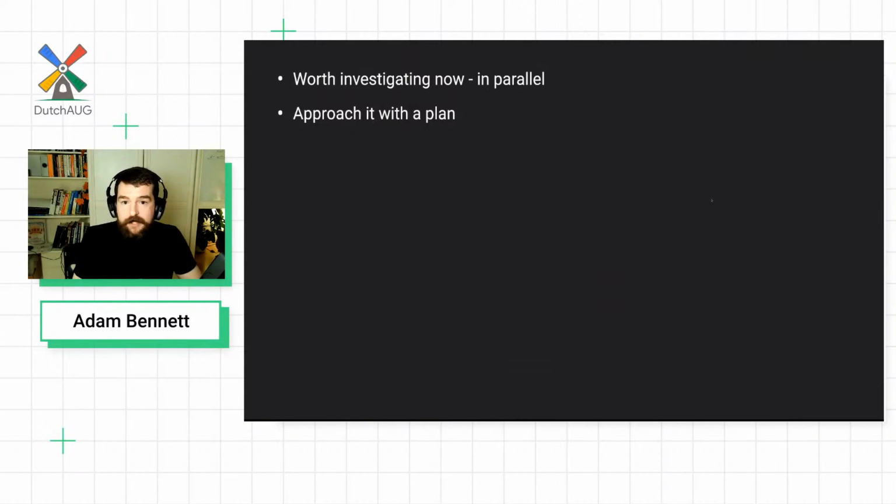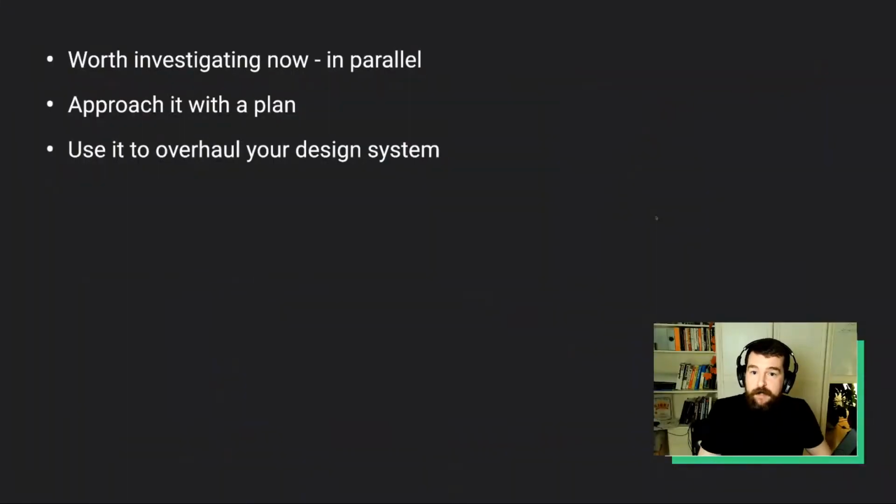Get your entire team involved and up to speed. Use it as a chance to overhaul your design system. So separate concerns where it makes sense, write tests where it makes sense, create a design app if you haven't already, and integrate that design app in part of your product design engineering feedback flow. It's really, really valuable.